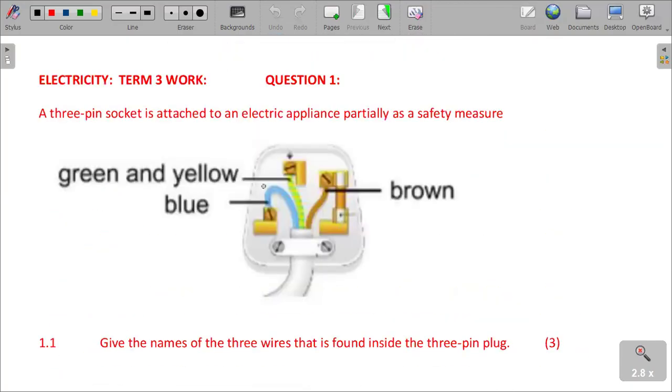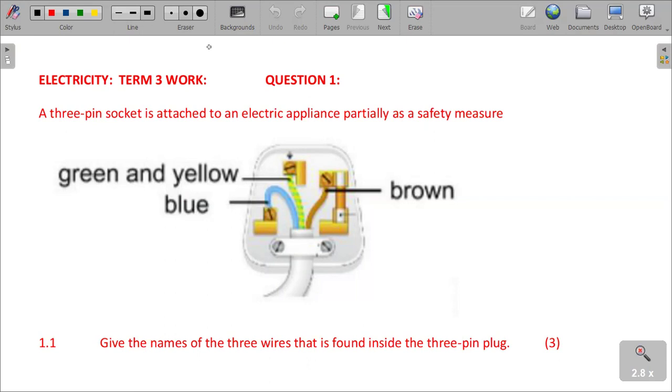So without wasting any time, we want to answer the first question. Is a three-pin socket attached to an electrical appliance? I'm sure we agree that our electrical appliances, when they are to be connected to power supply sources, have to have power.